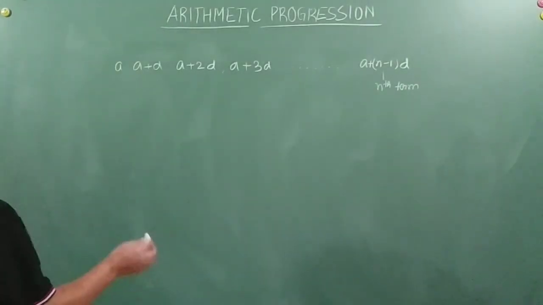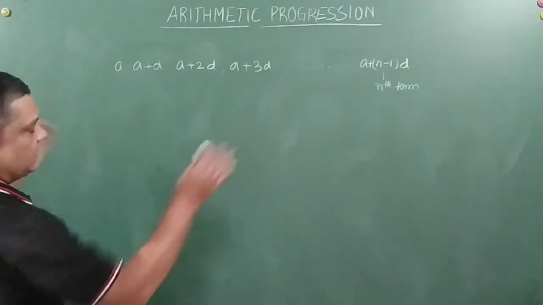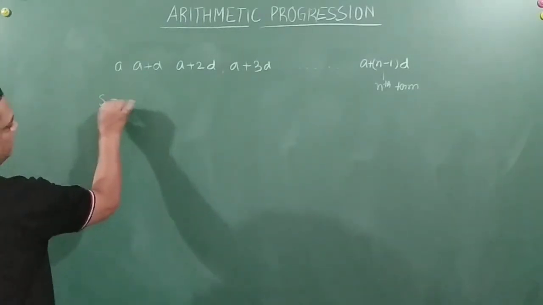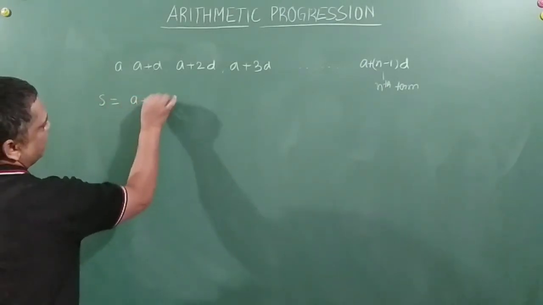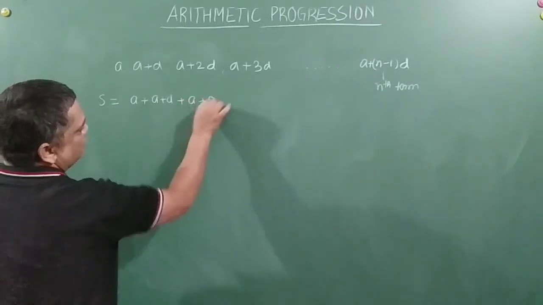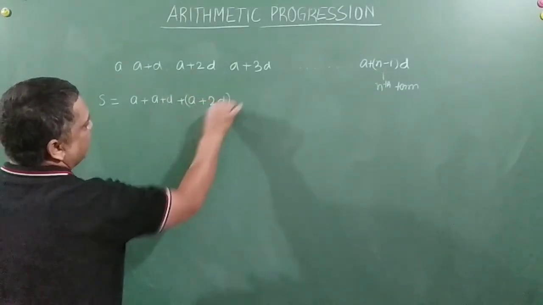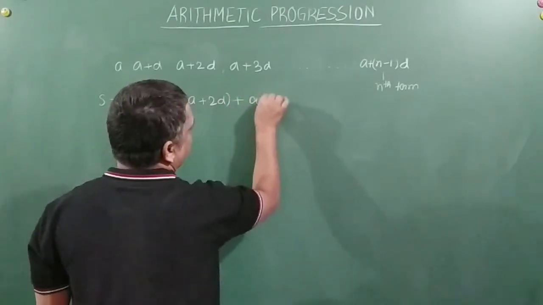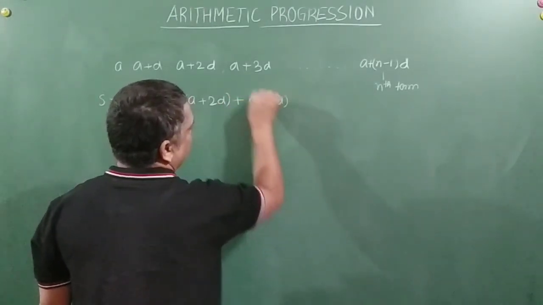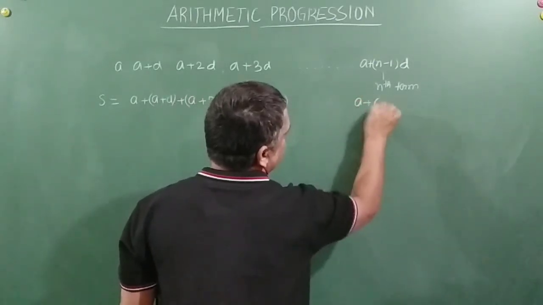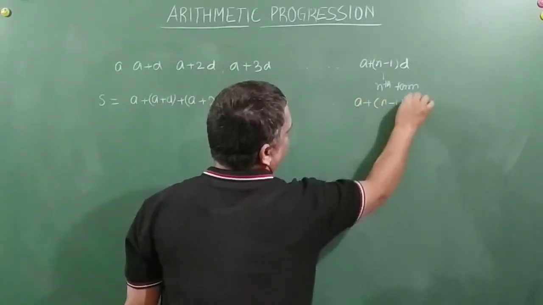So what we will do is let us sum it up, okay? So S will be equal to a plus (a plus d) plus (a plus 2d). I'll write it in brackets so that it becomes easier for us. Plus (a plus 3d), right? So on and so forth, up to (a plus (n minus 1)d).